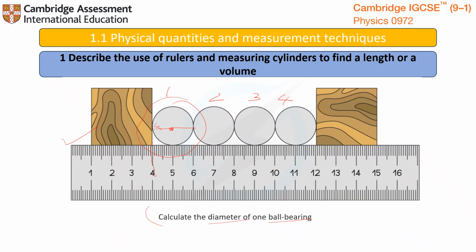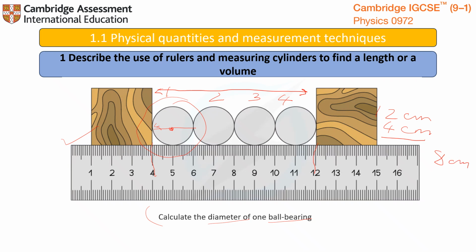Here the reading is 4 centimeter, and at the end the reading is 12 centimeter. So we know this distance. This complete distance is nothing but 12 minus 4, which is equal to 8 centimeter.